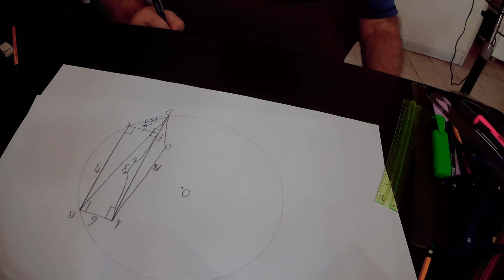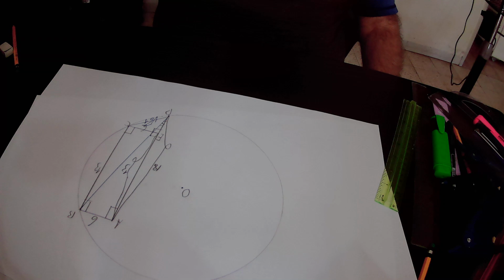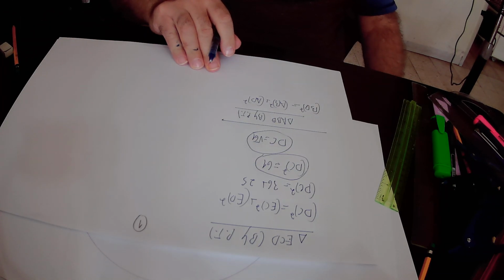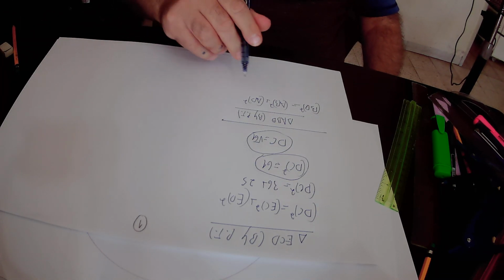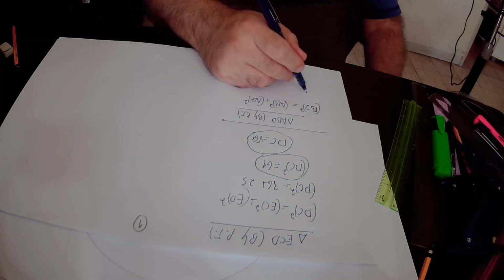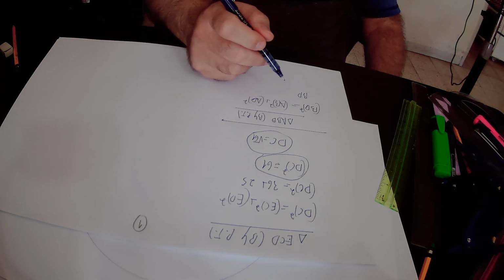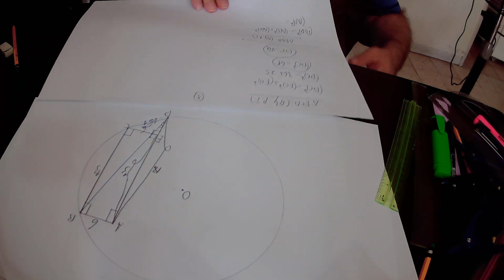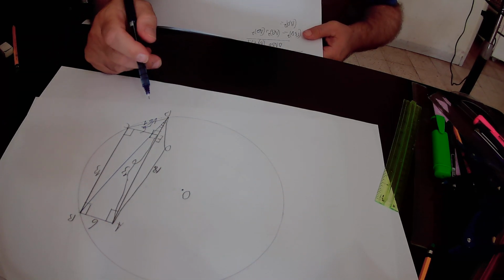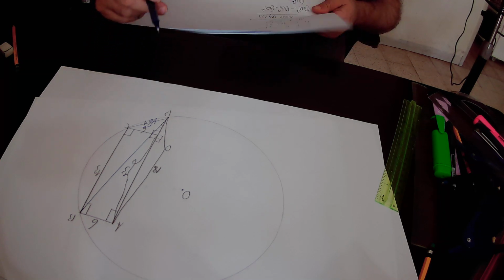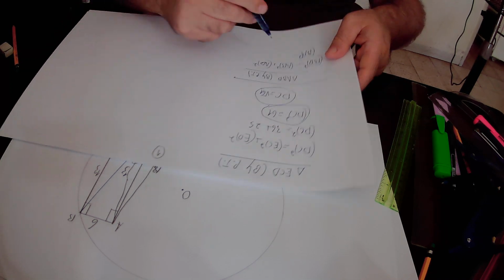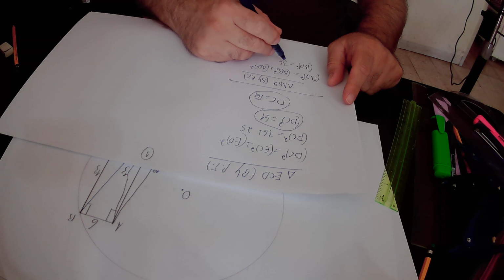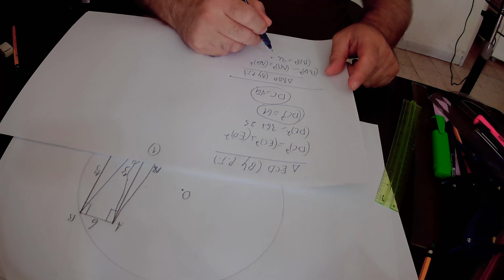In conclusion, according to the Pythagoras theorem, in the right triangle ABD, BD squared equals AB squared plus AD squared. So BD squared, the square of the hypotenuse, equals AB squared. AB equals 6, therefore AB squared equals 6 squared, that is 36, plus AD squared.